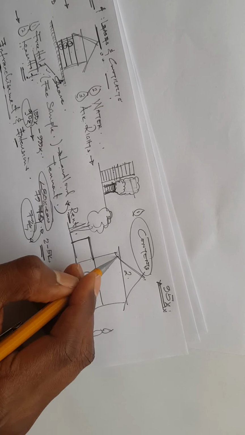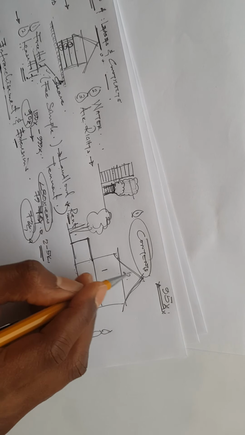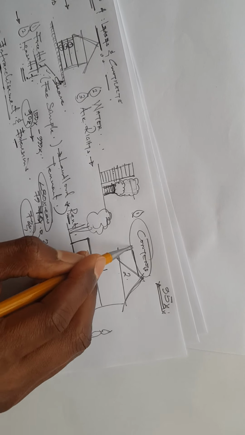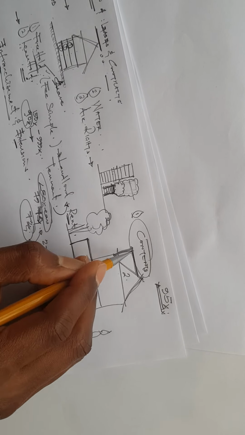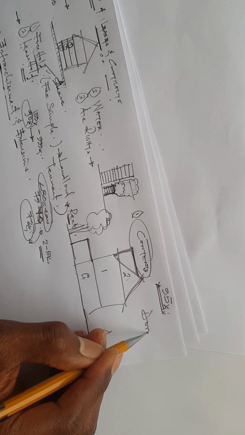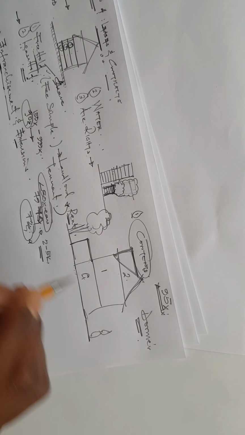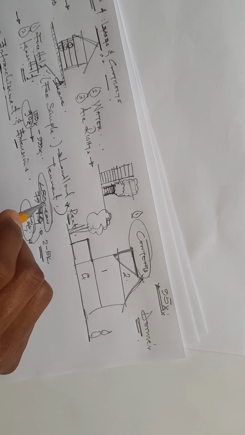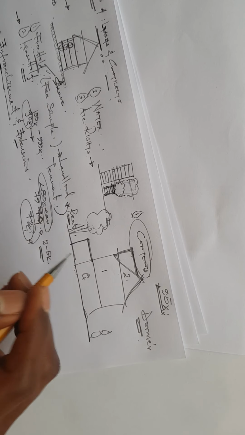Sometimes you could be buying the top floor and your intention is to extend it and put a dormer, which is simply an extension, which would then provide you with an additional room, maybe a bedroom and a bathroom.